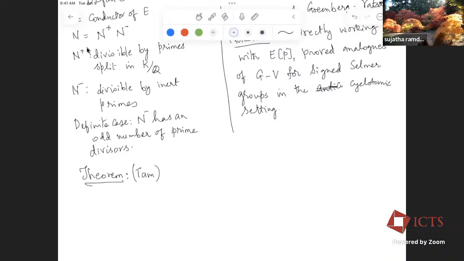Let me write down the hypotheses. There are four hypotheses. First, E has good ordinary reduction at all primes above p.